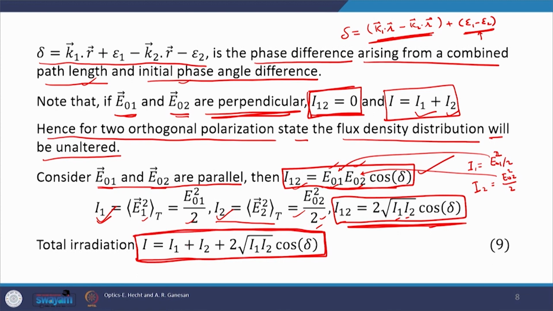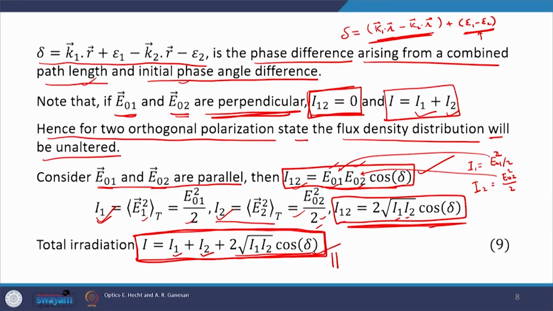In this resultant expression where the polarizations are parallel, you see that the first term is I1, the second term is I2, and we have an added term which is 2 square root of I1 I2 times cos delta. The cosine function means there would be a sinusoidal variation.